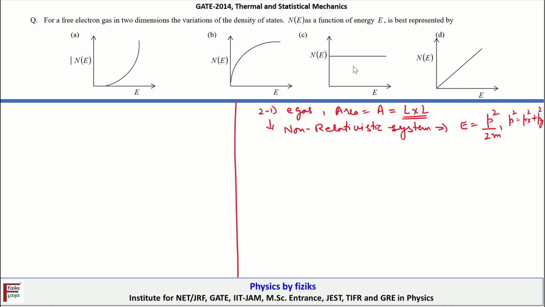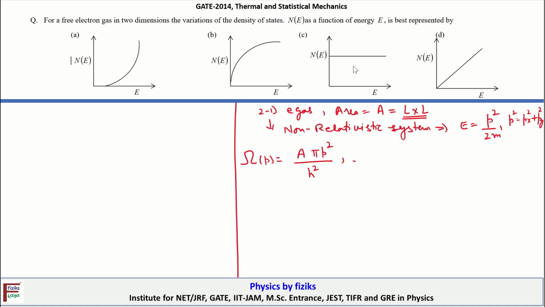Then the number of microstates with momentum less than or equal to P, omega(P), is equal to the area available in ordinary space multiplied by the area available in momentum space, divided by the area occupied by one unit cell, that is h square. That will give us the number of microstates here.